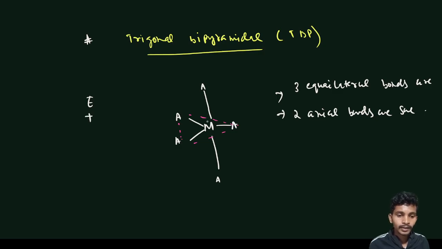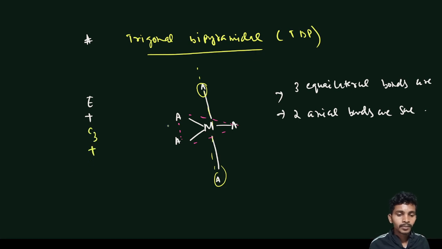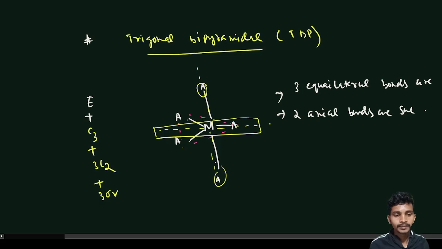If I pass a plane here, then this gets replaced, so 3 C2 are there. Similarly, if I pass a plane here, then also this gets replaced, so 3 sigma v is there.